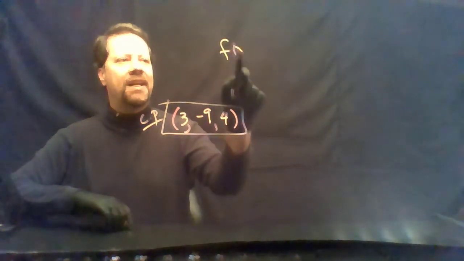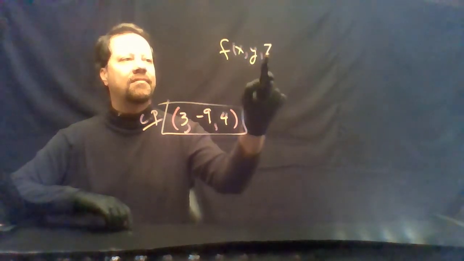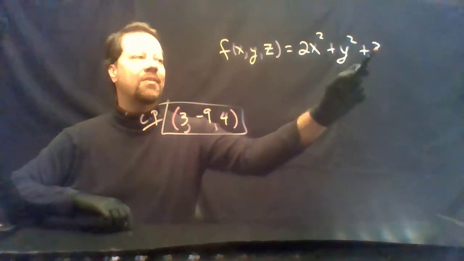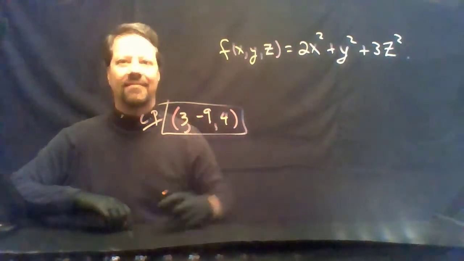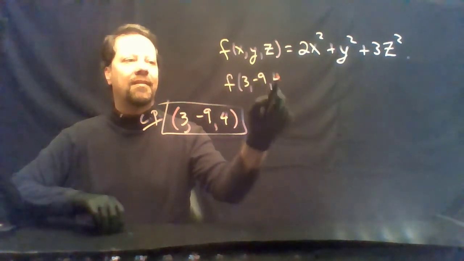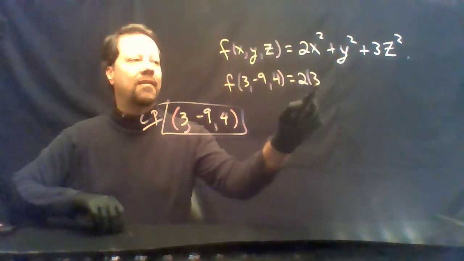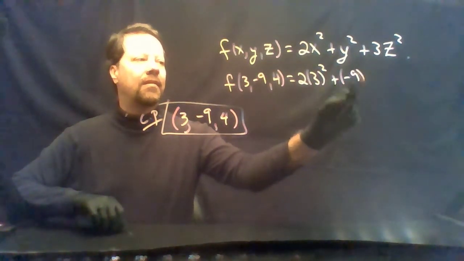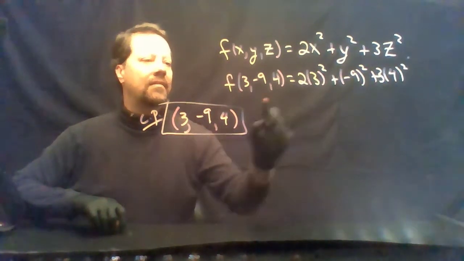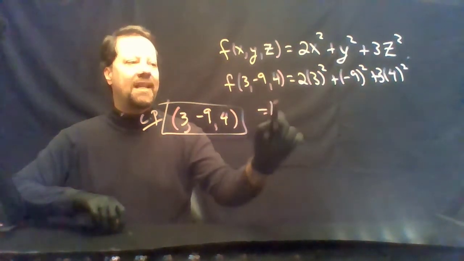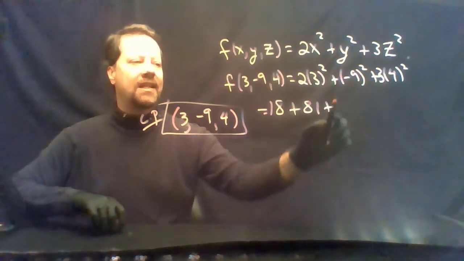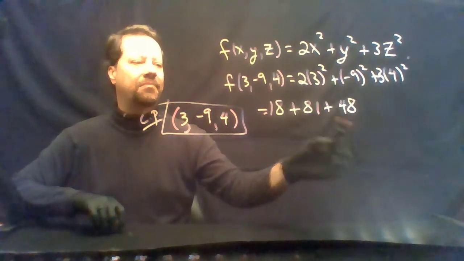You'll recall that the objective function was 2x squared plus y squared plus 3z squared. Evaluating f at the critical point we have 9 times 2 is 18 plus 81 plus 16 times 3, which is 48.